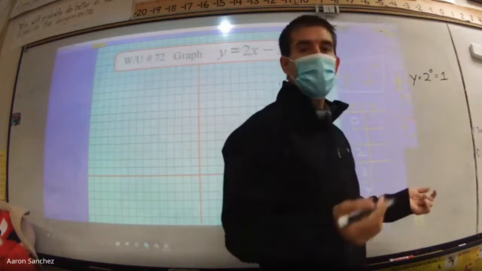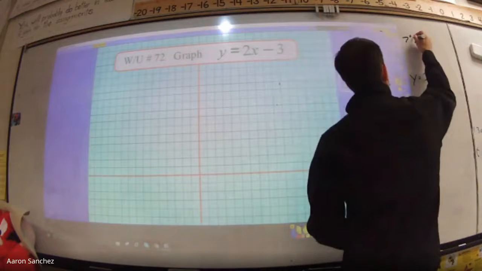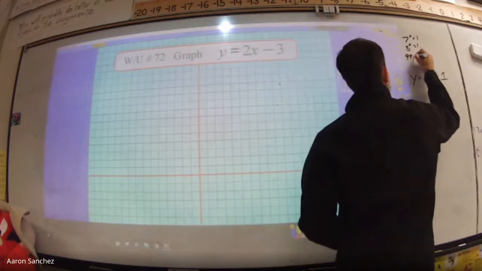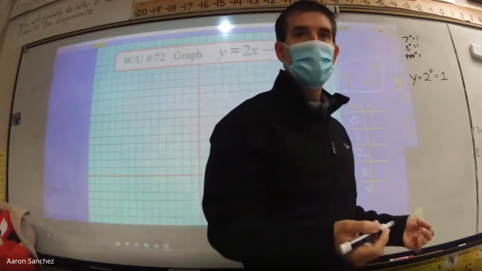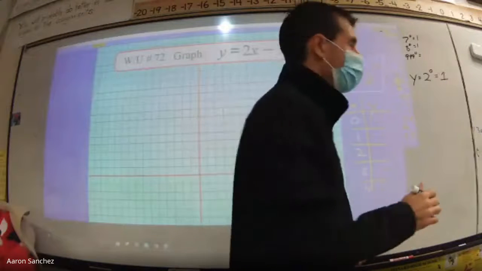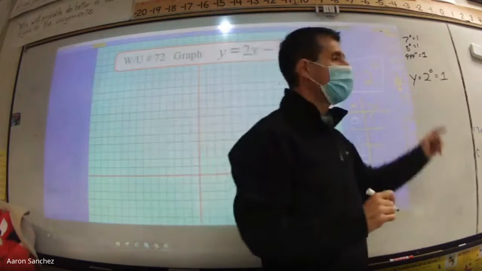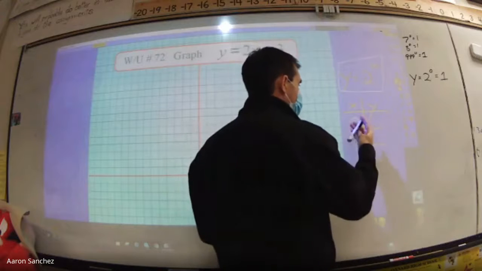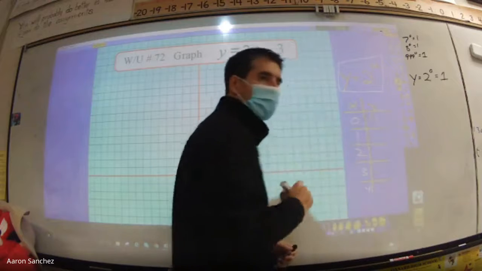Like 7 to the 0 is equal to 1. 8 to the 0 is equal to 1. 999 to the 0 power is also equal to 1. I'll explain later after class if you want to see it. It's really interesting as to why it is, but it always is equal to 1. So 2 to the 0 power is equal to 1. So when x is 0, y is 1. Okay, that's our coordinates.